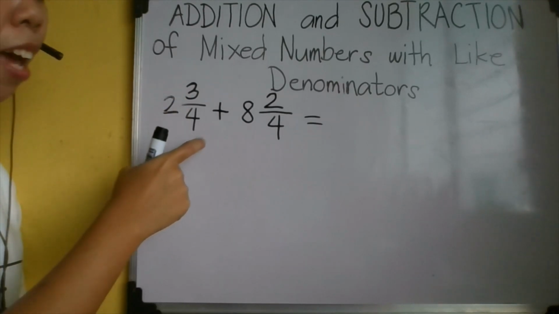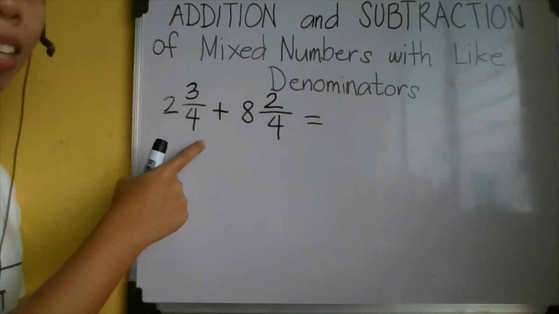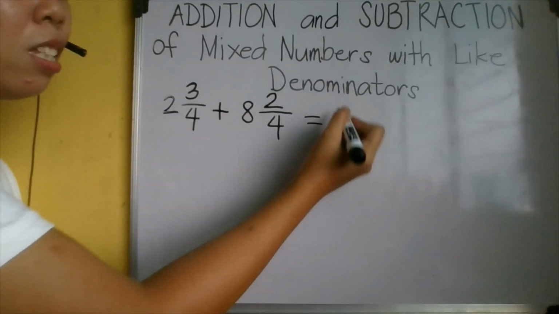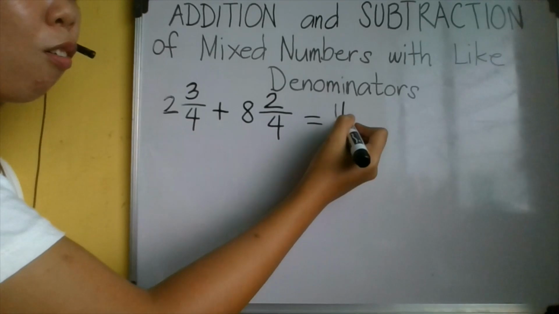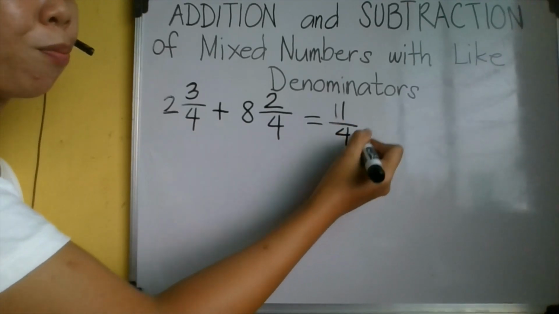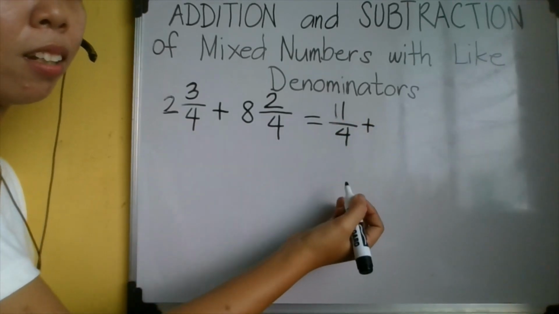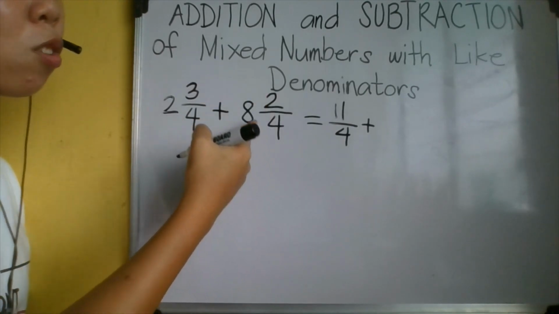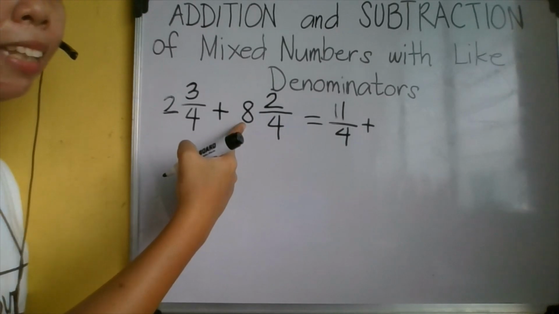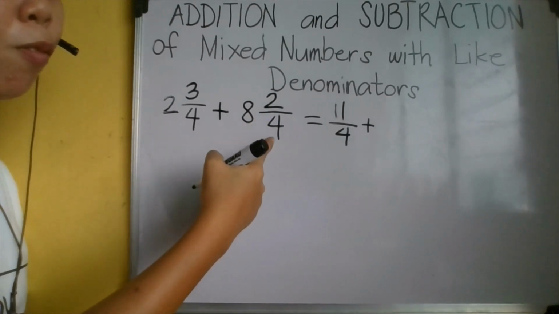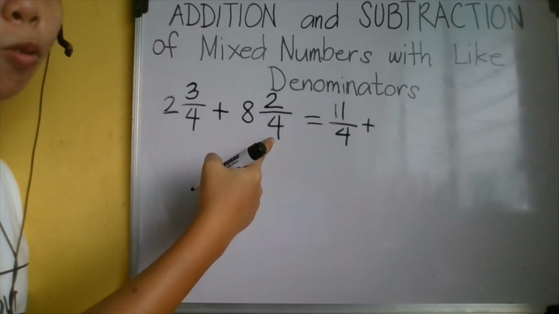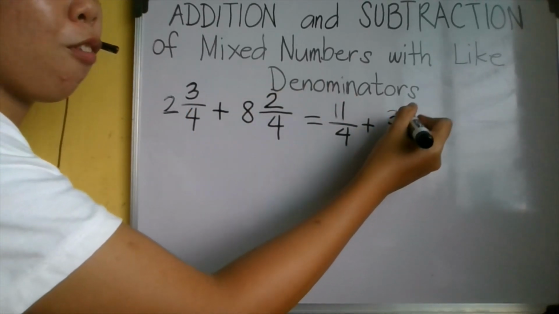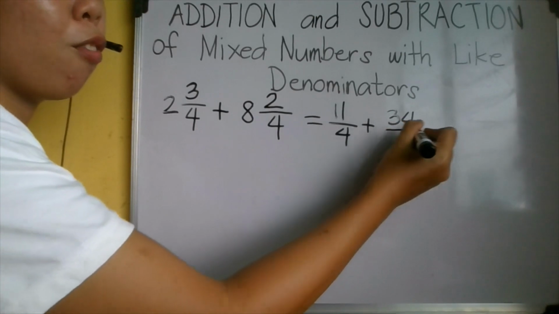Then just copy again the denominator. So 2 and 3/4 is 11 over 4. Plus 8 and 2/4. Multiply the whole number by the denominator. 8 times 4, we have 32 plus 2, that is 34 over 4.